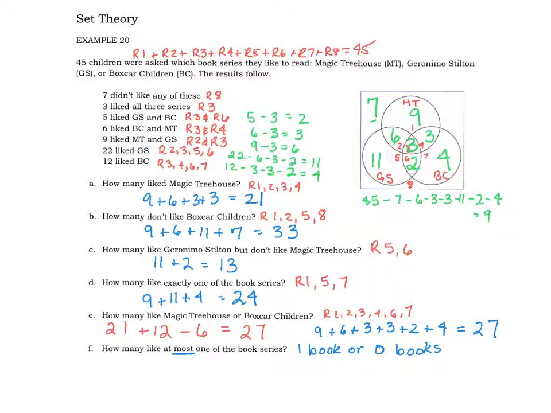So the regions where they like one book would be regions 1, 5, and 7. And the region where they like no books was region 8. So we'll be adding those regions together. So that would be 9 plus 11 plus 4, like we had before, and then plus 7. So that should give us 31.